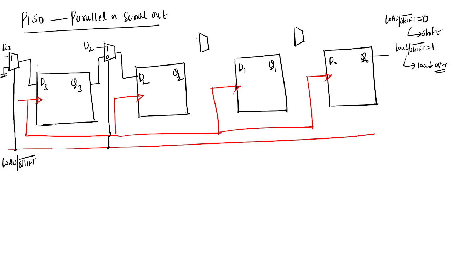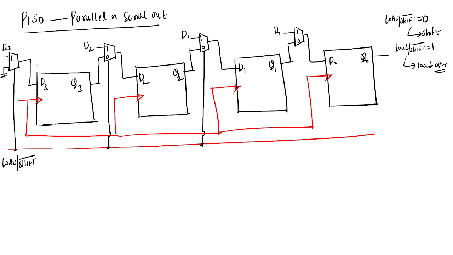Then for D naught, Q1 is given to input 0 and input 1 is the parallel input, and this output is given to D naught.